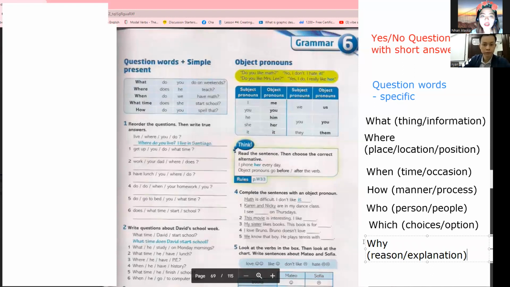Why didn't you go to the party? So we use why if we are seeking for an answer, or for a certain reason or explanation. It is also answerable by because. All right, so with this one, how about whose?